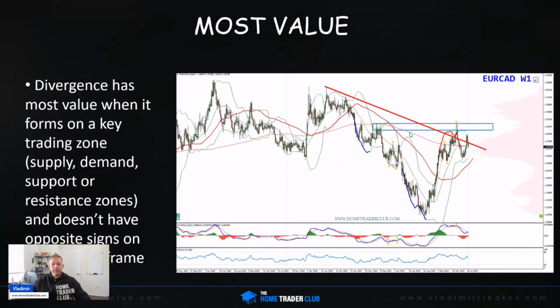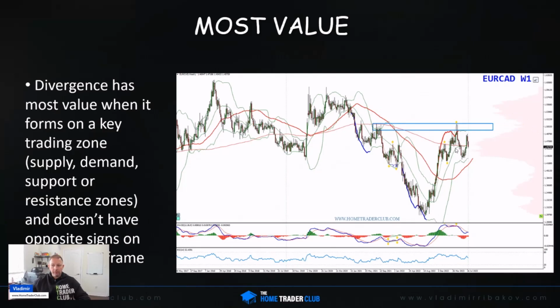First of all, it went here above the falling resistance line and bounced back. It has here a classic look, the spikes and the high. An amazing supply area, an amazing broken support that becomes resistance. Absolutely fantastic level. This is also 1.5, which is a psychological round number.